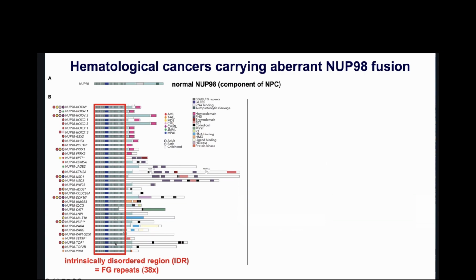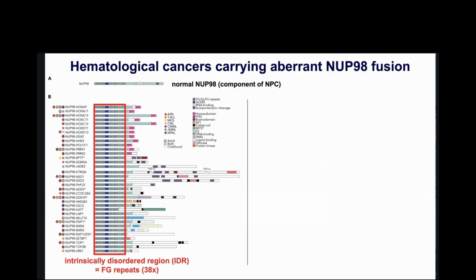And if you run this sequence through software, it tells you this is a low complexity domain protein region, the so-called intrinsically disordered region. And if you dive into what is in this so-called IDR, it's about 40 of the motif, the so-called phenylalanine glycine repeat, the FG repeat sequences.